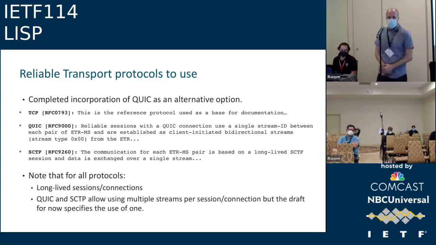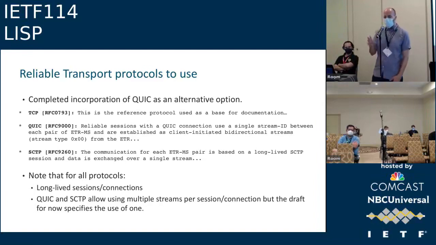But the second part is the one that we are interested in hearing back on. As of now, the draft specifies that QUIC and SCTP will use a single stream. We know that the protocol offers the possibility to establish multiple streams between the ETR and the map server.